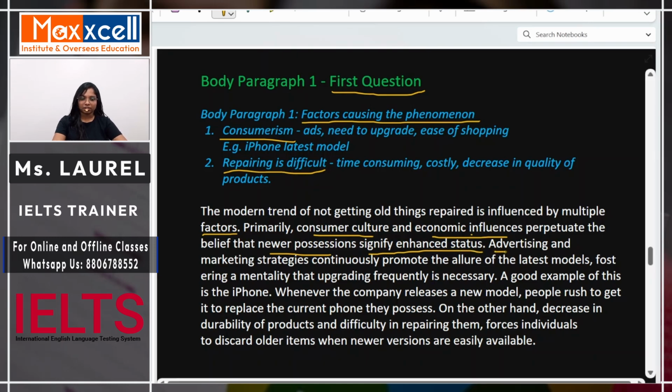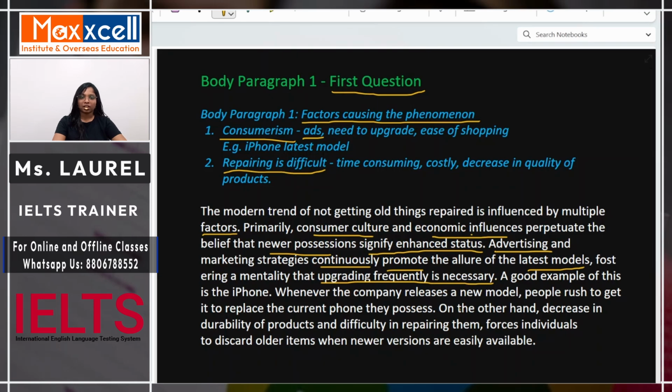Advertising, so here is our first point. Okay, advertising and marketing strategies continuously promote the allure of the latest models, fostering a mentality that upgrading frequently is necessary.